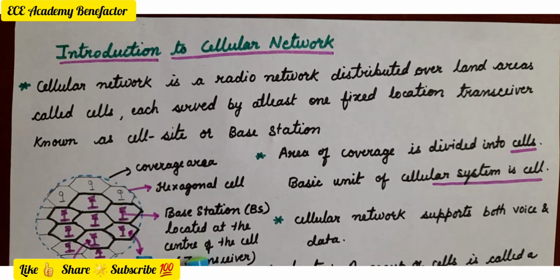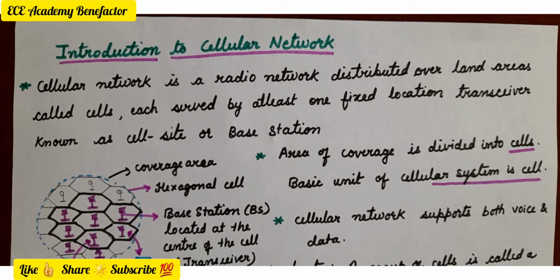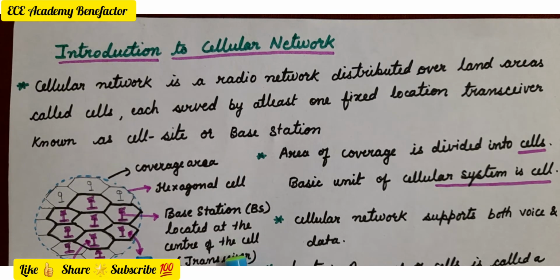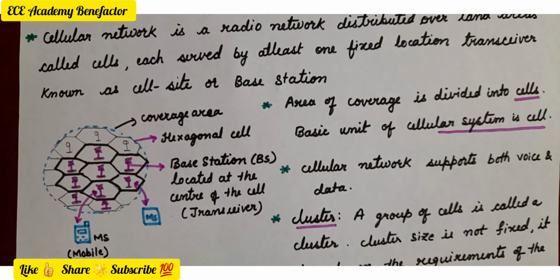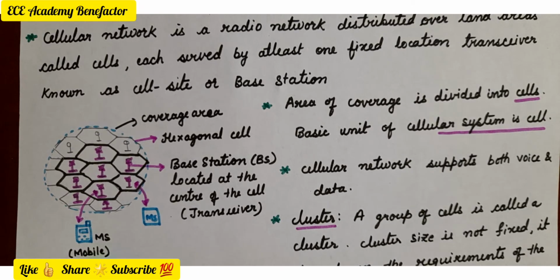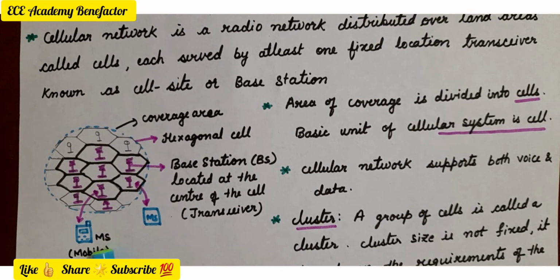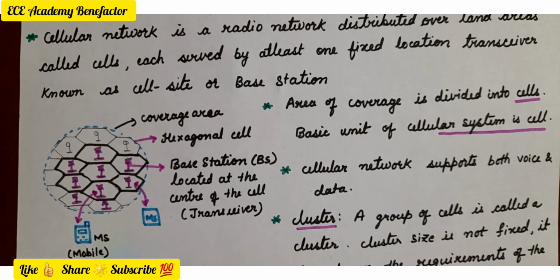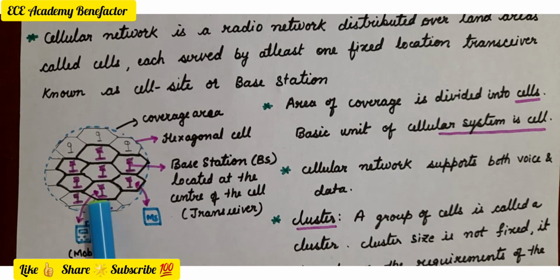It is also known as BTS, base transceiver station, located at the center of the cell. Here there is a mobile user, indicated by MS, mobile station. This mobile user will interact with the BTS. Where is the BTS located? At the center of each cell.